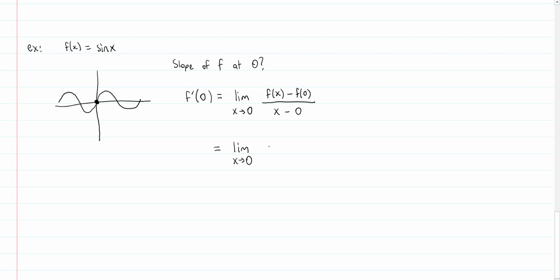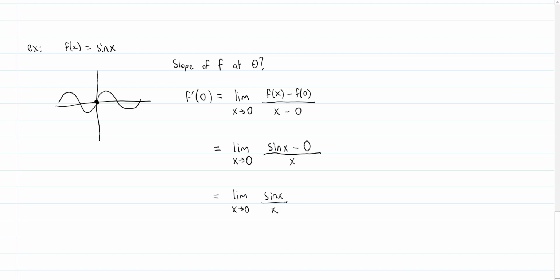All right, so f of x is sine of x. f of 0, that would be sine of 0, and sine of 0 is 0. And then x minus 0 is just x. So really, we're just left with the limit as x approaches 0 of the sine of x over x.